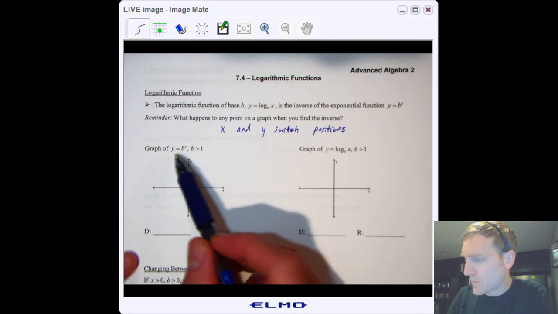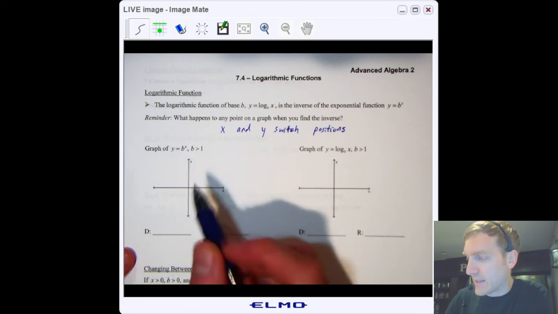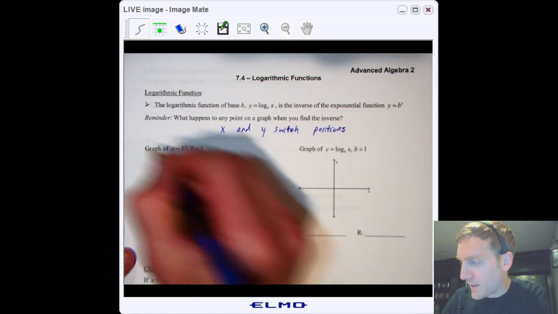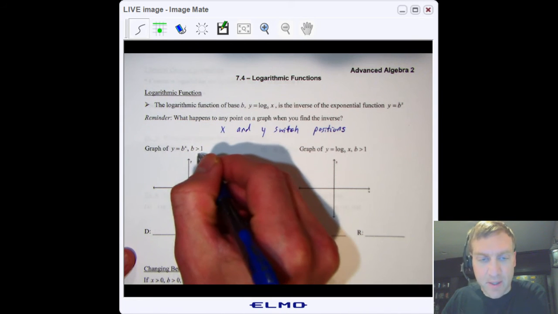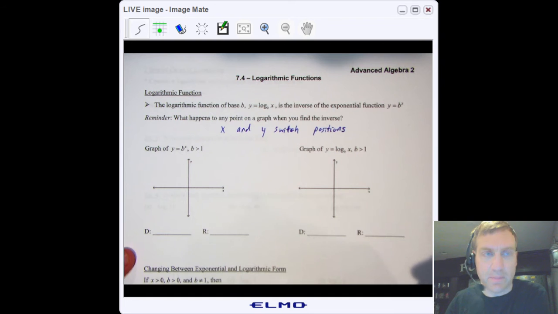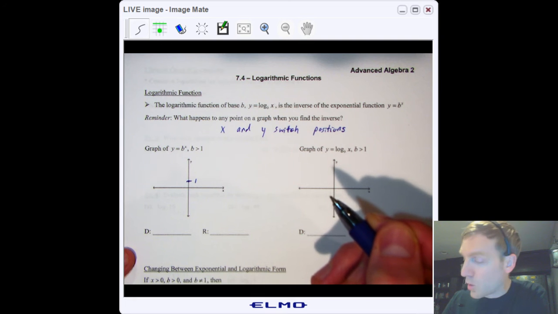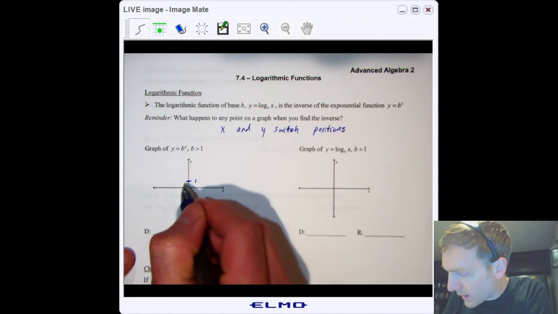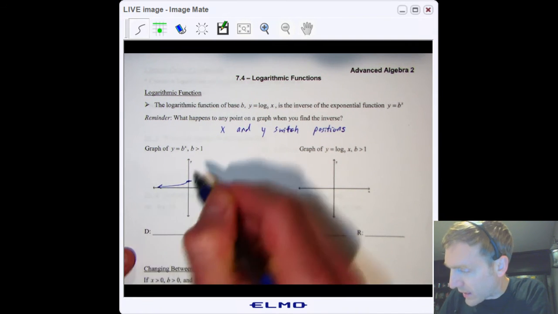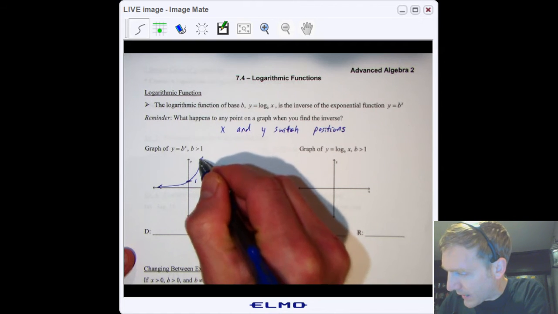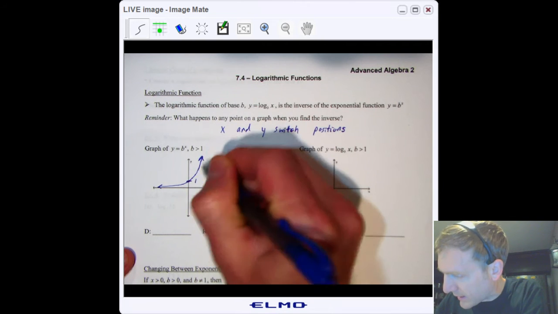Okay, so let's review. You learned this in 7.2. The graph of y equals b to the x. Let's assume b is bigger than 1, so we have exponential growth. Remember, there were 3 points I had you learn. The y-intercept was 1, and there was a horizontal asymptote at y equals 0, and exponential growth looked like this, right?